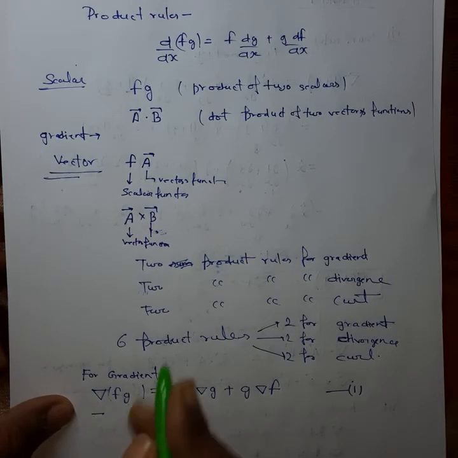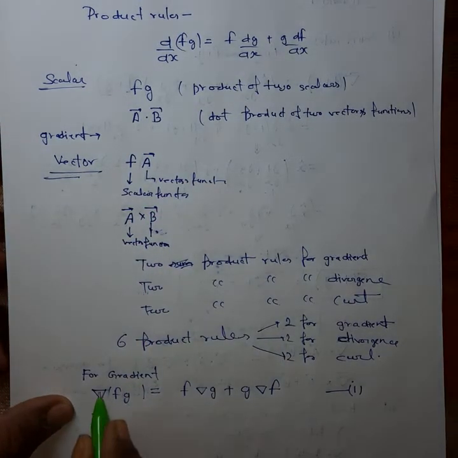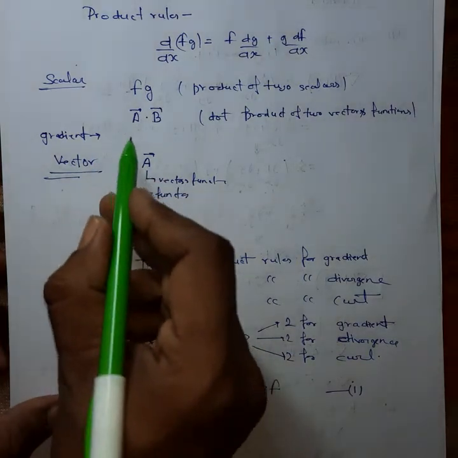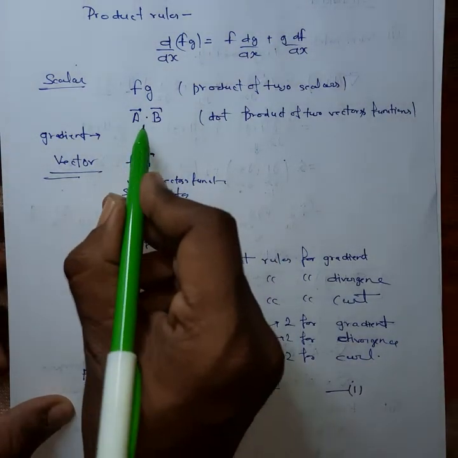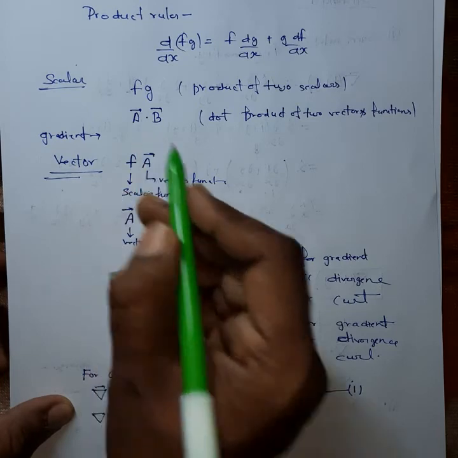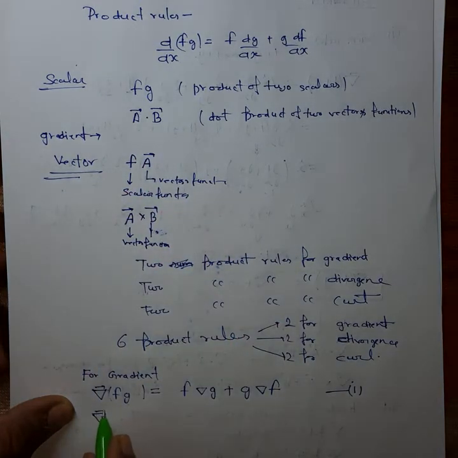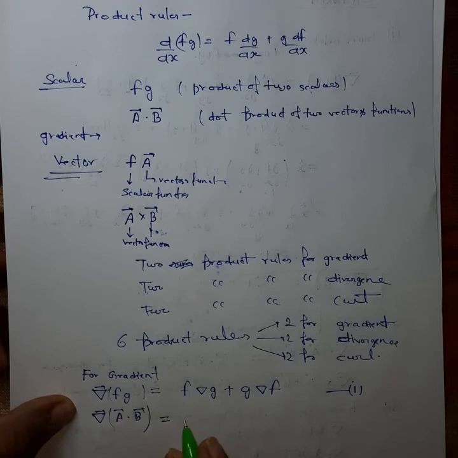Similarly, you can take the gradient of the dot product of two vector functions. The product rule for the gradient of the dot product of 2 vector functions will be somewhat more complicated, and you can prove it.